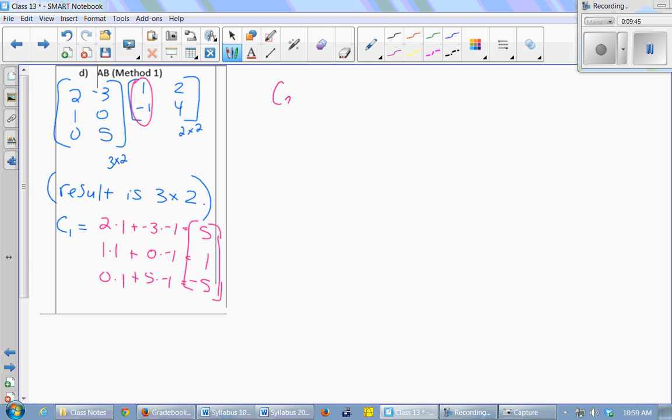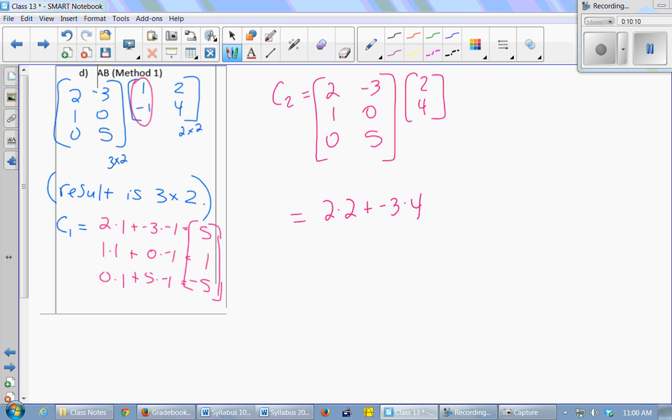So column 2, I get by multiplying A, 2, -3, 1, 0, 0, 5, times the vector 2, 4. Right, then I multiply by the second column of matrix B. And matrix times a vector, we know how to do this, right? So I have 2 times 2 plus -3 times 4, 1 times 2 plus 0 times 4, 0 times 2 plus 5 times 4.